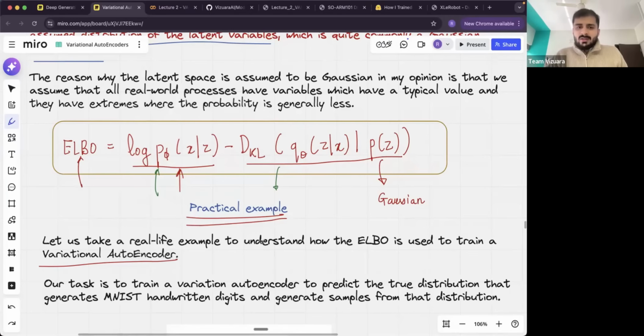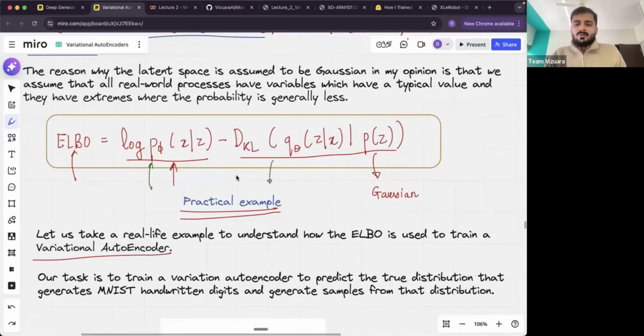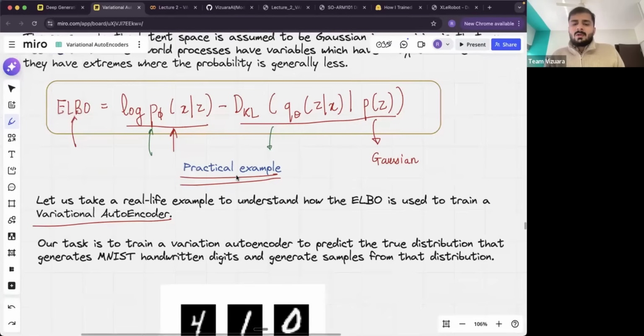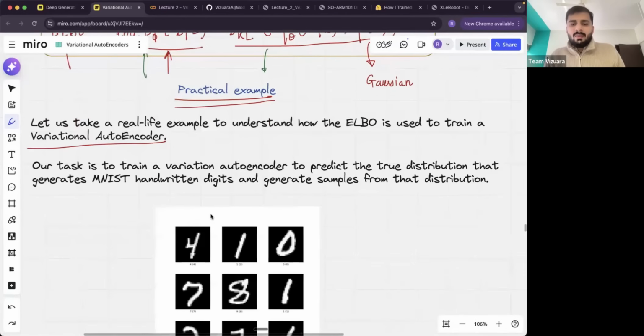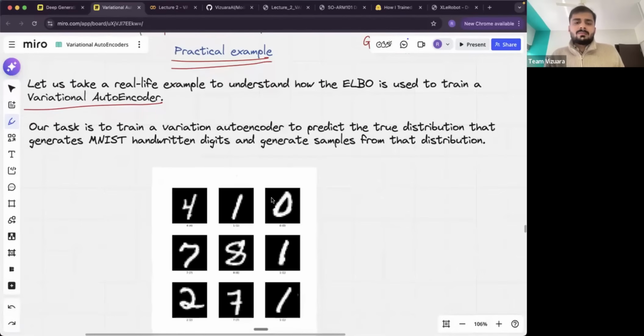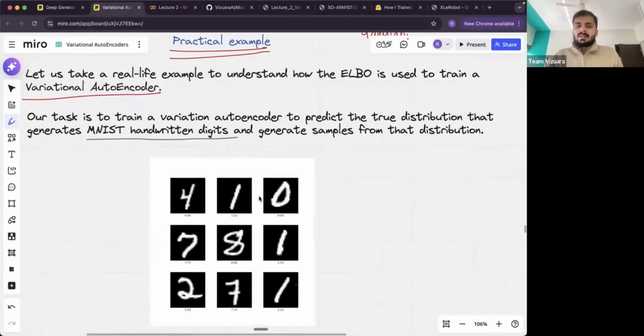So pay very close attention, because this will help you understand the concepts which I have theoretically explained in a much better way. Okay, so what we will be doing is looking at handwritten digits, the MNIST handwritten digits. These handwritten digits have some underlying distribution, which is P data of X.